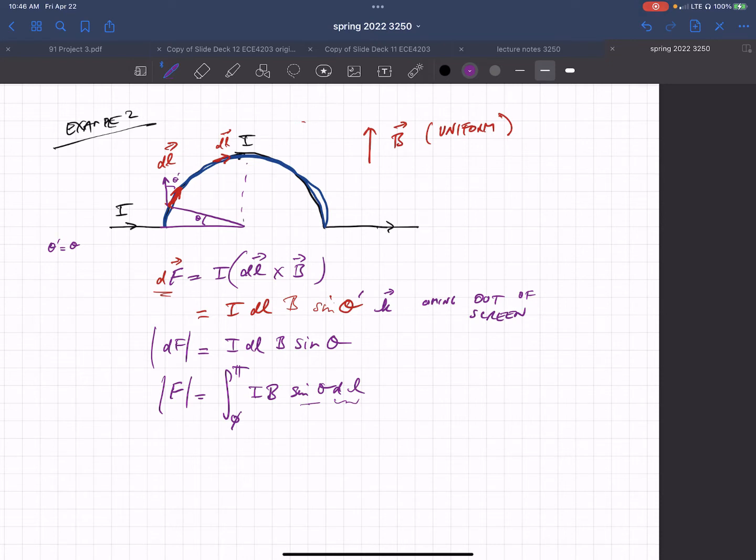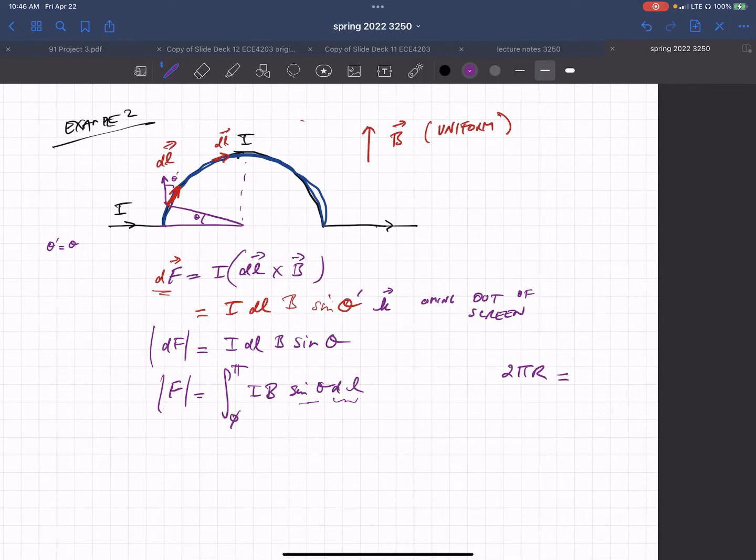This is how I thought about it. If you go all the way around the circle, the distance is 2 pi r, and in the case of radius 1, that's 2 pi. I'm trying to figure out what this dl is.